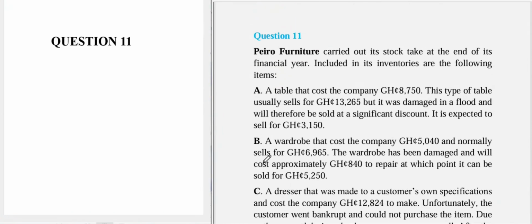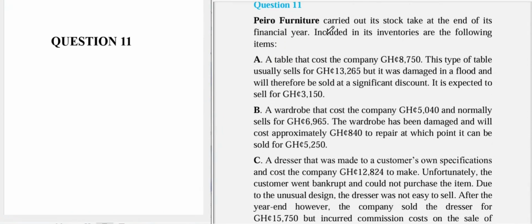Okay. So it says Pierrot Furniture carried out its stock take at the end of its financial year. Included in its inventories are the following items. So let's value it one by one. Okay. So the first one says a table that cost the company 8,750 Ghana cedis.